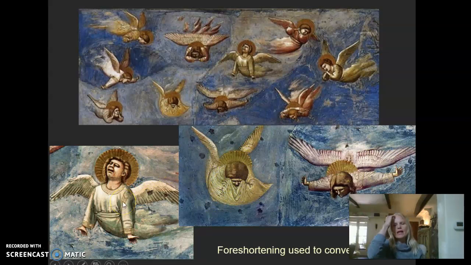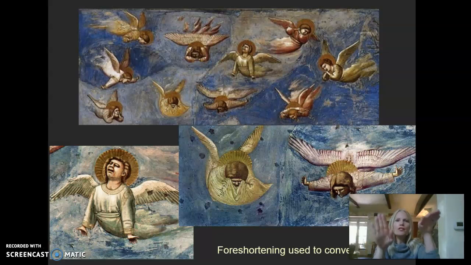But this is an instance where you see an example of foreshortening used to convey depth. If you render something at a slight diagonal, like you see here or here, it makes the human eye believe that these angels are actually occupying airspace up in that blue sky that Giotto has created.